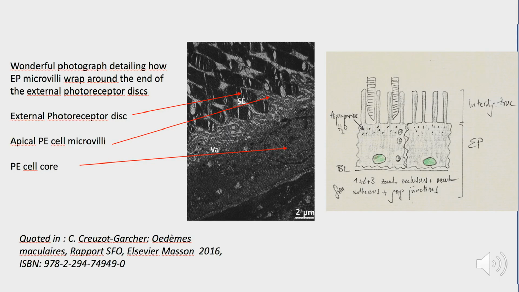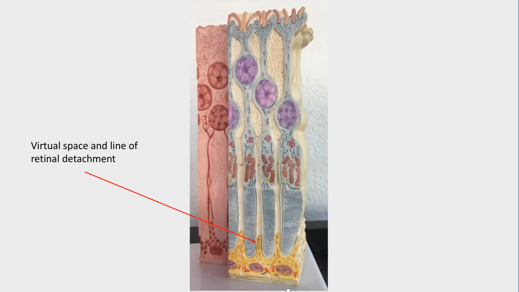This wonderful electron microscope photo is essential. The RPE microvilli wrap around the tips of the photoreceptors, but there is no close connection. This is where the detachment of the retina takes place. This virtual space is where a retinal detachment happens.